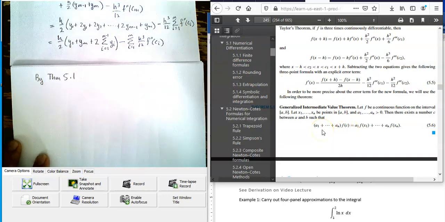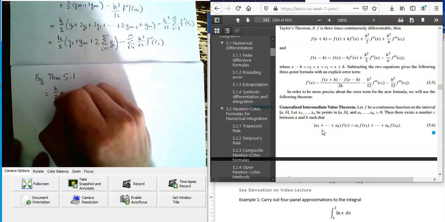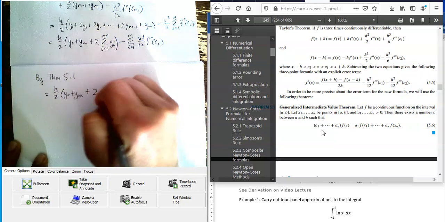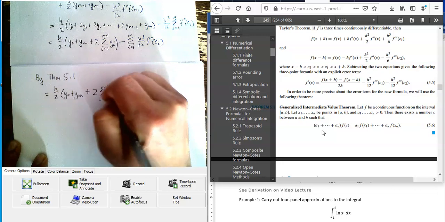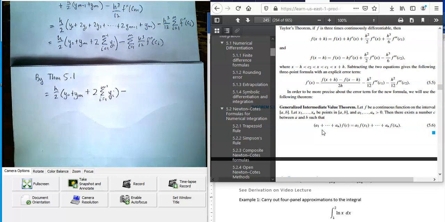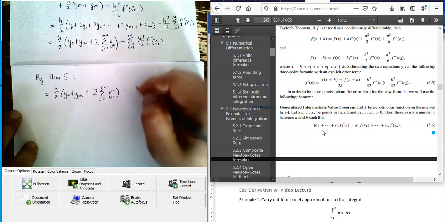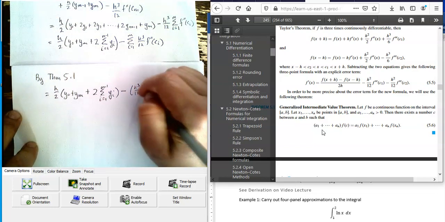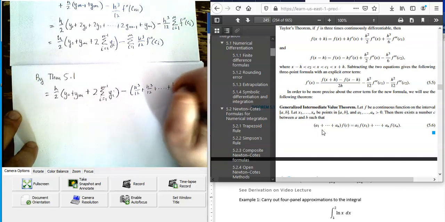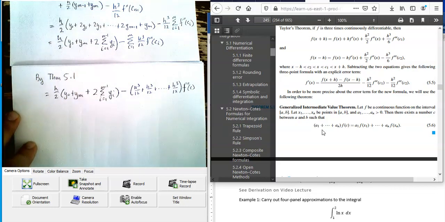So what we can do is rewrite the error term. We can rewrite this error term as something being multiplied, so it would be h cubed over 12 plus h cubed over 12 plus h cubed over 12, times f double prime at some other c value, right?